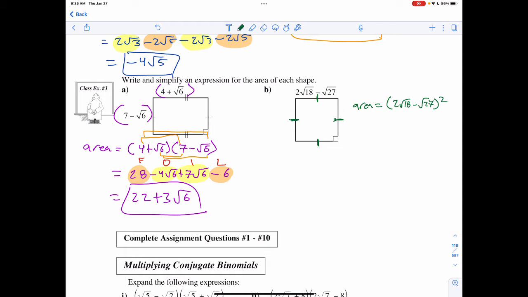Often people will just square the first term and square the second term, but that is going to be wrong, right? This would still be 2 root 18 minus root 27 times 2 root 18 minus root 27.